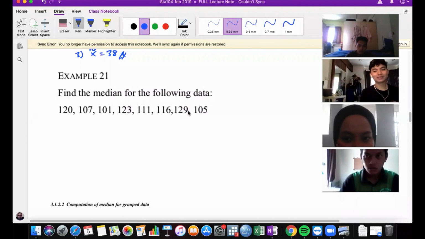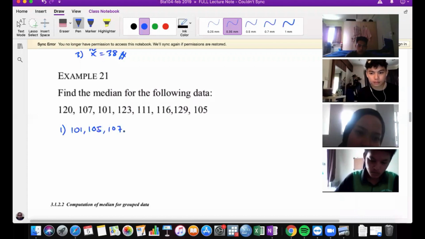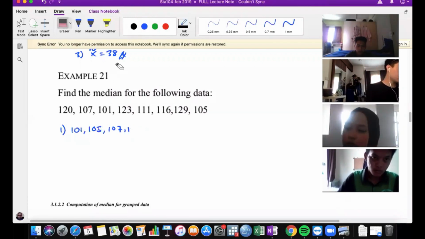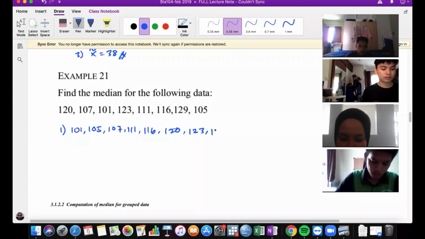So this is ungrouped data. So first step is to find median. You need to arrange data in ascending order. So the first value is 101, 105, and then 107, and 111, and then we have 116, 120, 123, and 129.